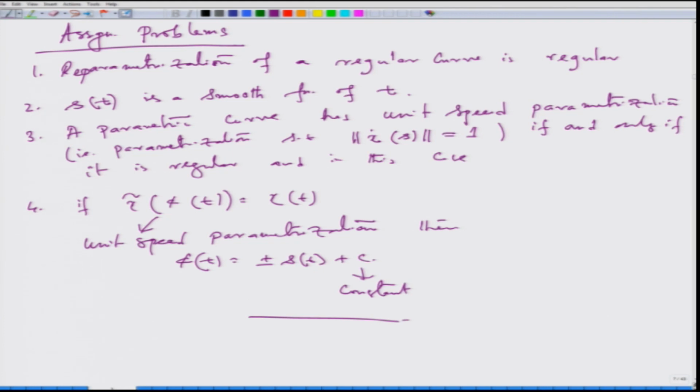This gives the unit speed parameterization, though. So, sometimes the unit speed parameterization is also referred to as arc length parameterization, that we travel according to arc length, then it is unit speed. We will continue with the next lecture.